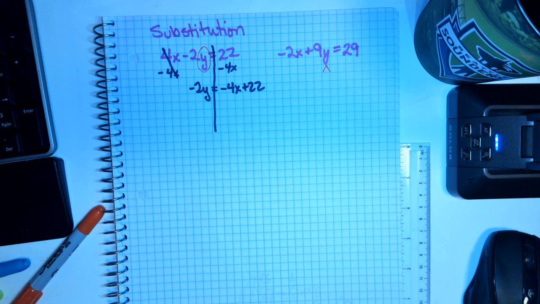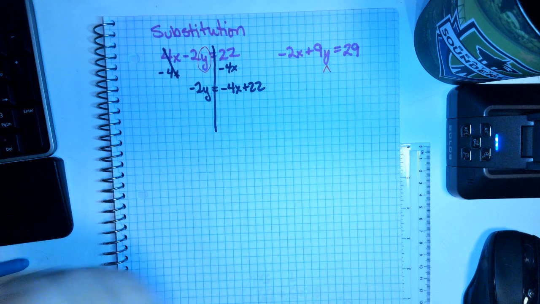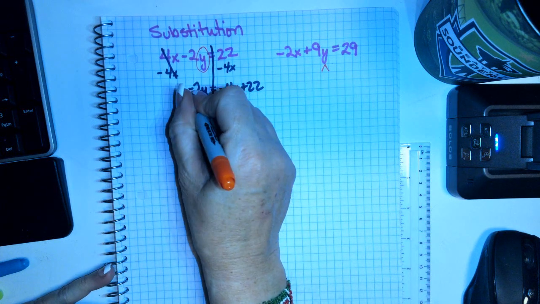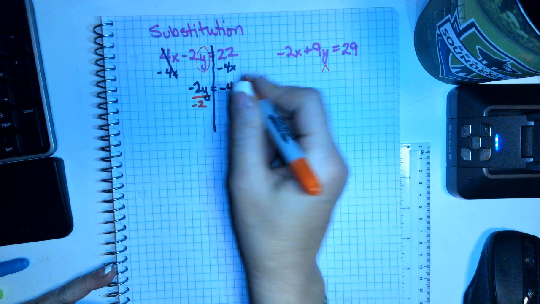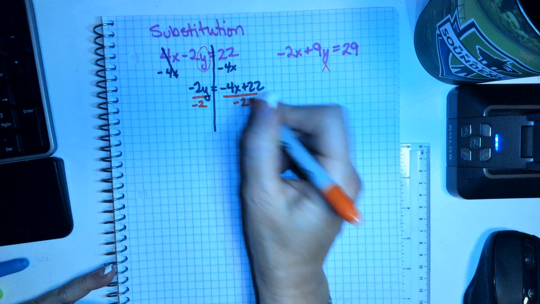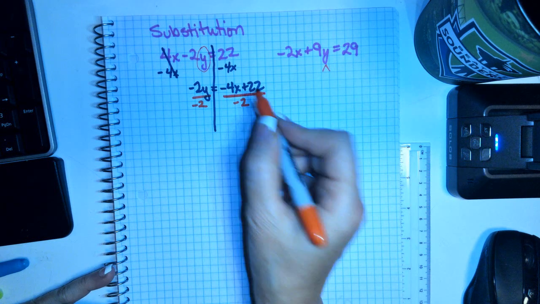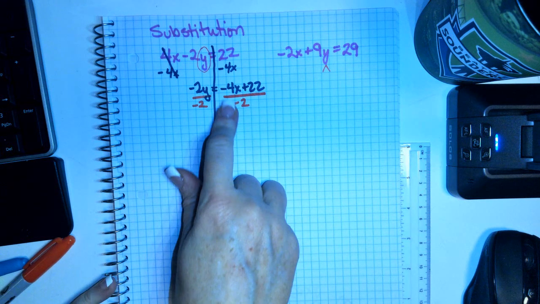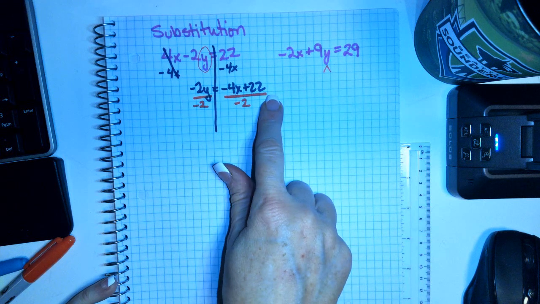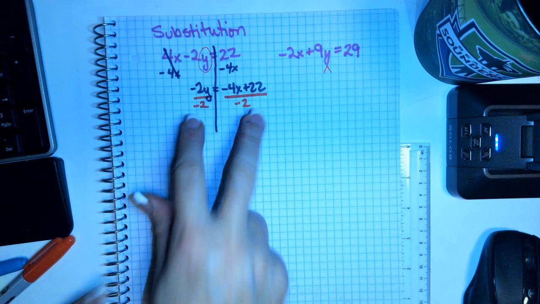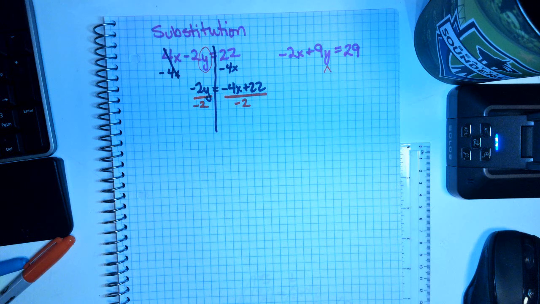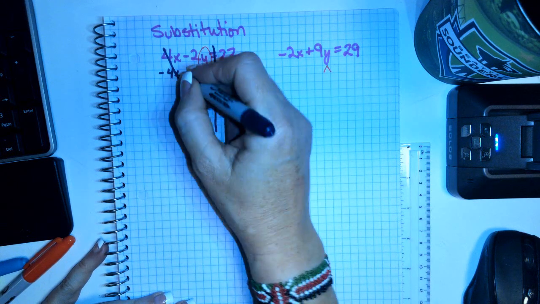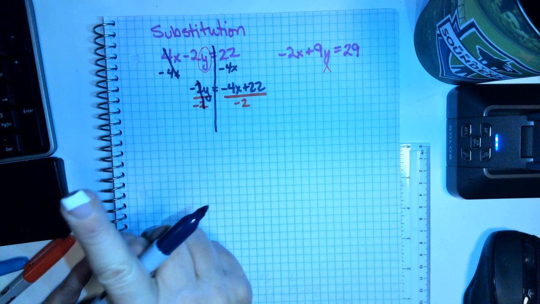Now to manipulate this a little bit further, this -2y, I want to have just plain old y. So I'm going to divide both sides by -2. And I divide this entire side. Don't forget that. A lot of people just want to do the division right here first. You need to divide the whole thing. Both sides are being divided by -2. -2 divided by -2, that's 1.